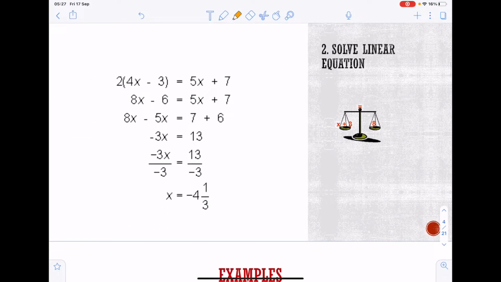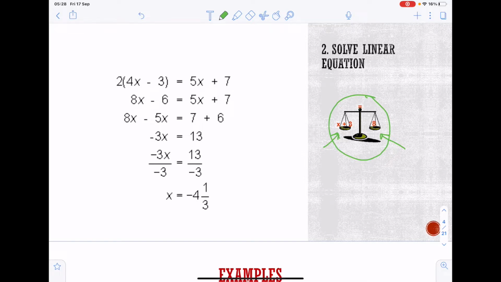How can we solve linear equations? Of course, you have learned how to solve linear equations. One thing you have to know is that the equation looks like a balance: whatever you change on the first side, you have to do on the second side to keep the balance.